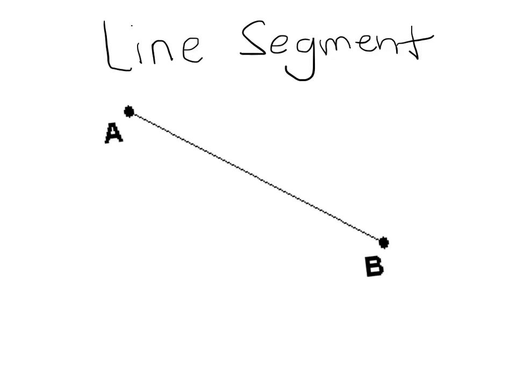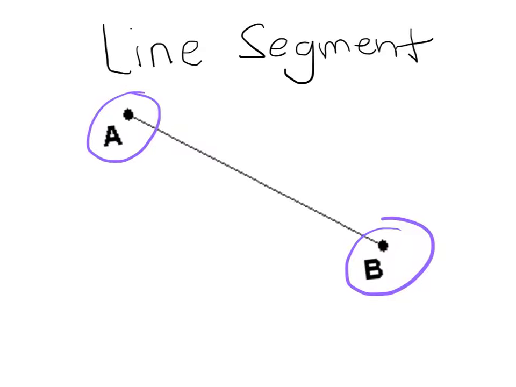So point A could be our beginning, point B could be our end, or it can be the other way around. Point B could be the beginning, point A can be the end. It doesn't matter. All you need to know is that a line segment has a beginning and it has an end. It doesn't go on forever. It's just this long, a beginning and an end.